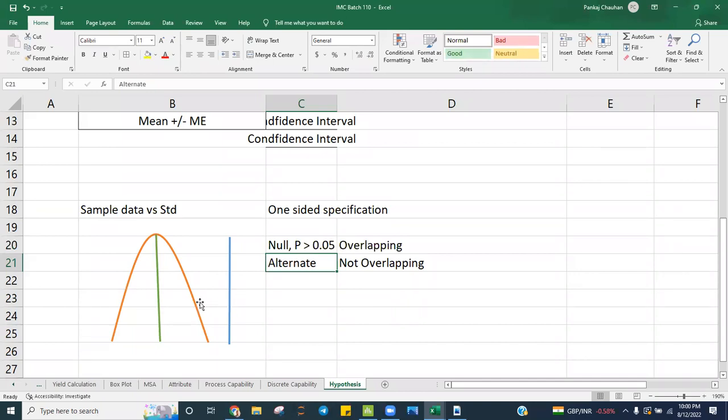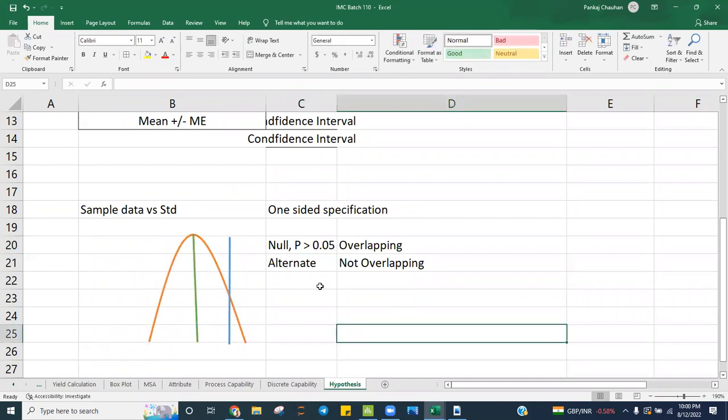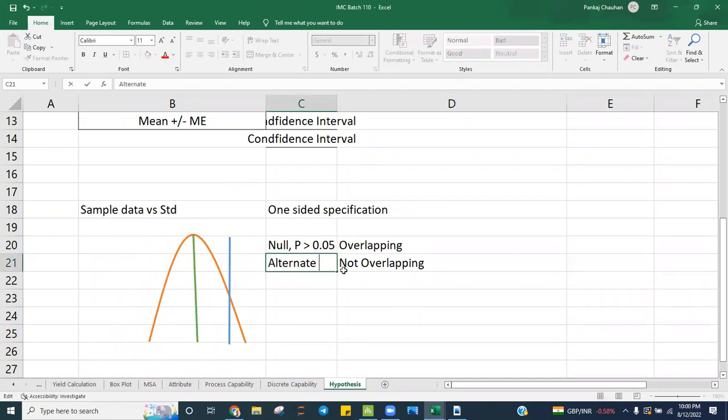If your observation is moving like this, are they overlapping now? Yes. So in this case, your p-value will be greater than 0.05.